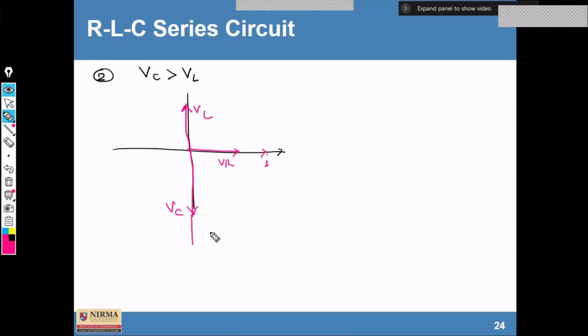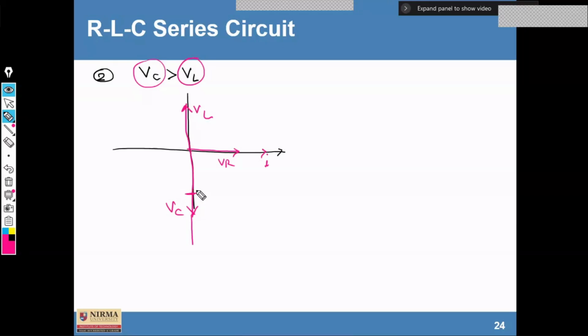Now, whenever you draw these vectors, according to the condition VL greater than VC, the vector VC should be a little larger than your vector VL, and you will find the difference here.